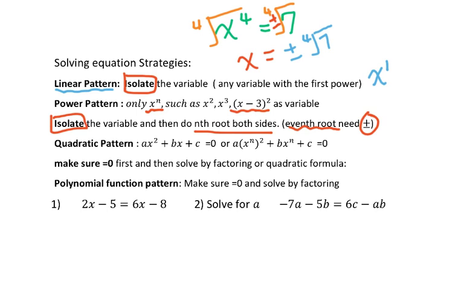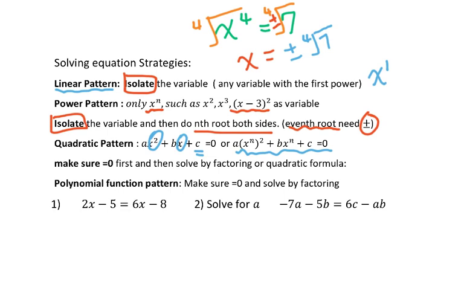So your x equals plus or minus the fourth root of 7. Then we have the quadratic pattern equation. Make sure you have x squared or x in that equation, and the constant c could be 0. Then we also have what is called the twisted quadratic pattern equation.